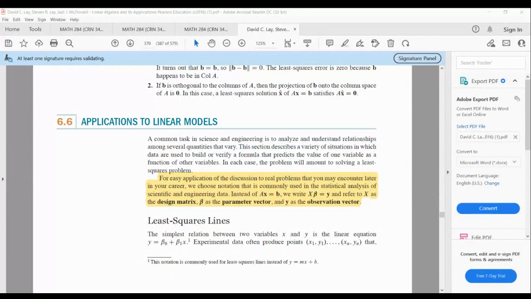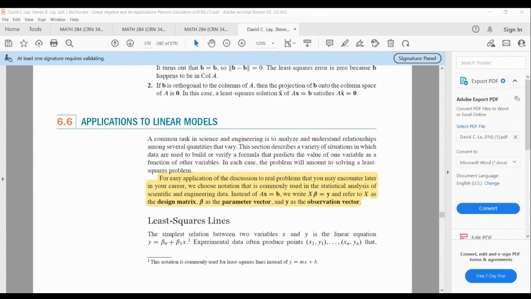Okay, so for easy application of the discussion to real problems that you may encounter later in your career, we choose notation that's commonly used in the statistical analysis of scientific and engineering data. So instead of the matrix equation Ax = b, we're going to write the matrix X times the vector beta.